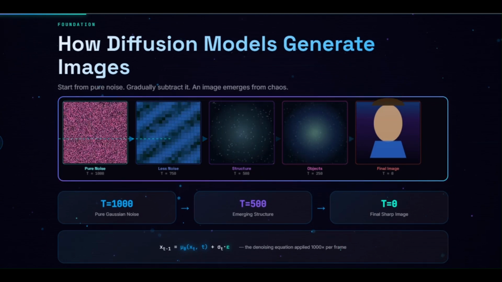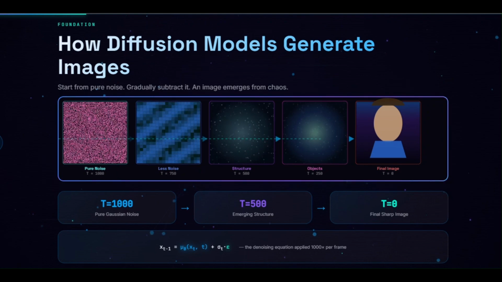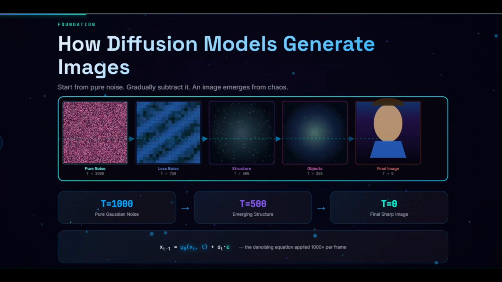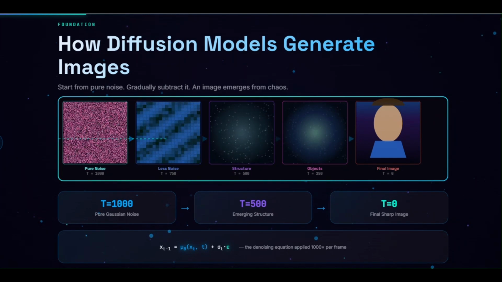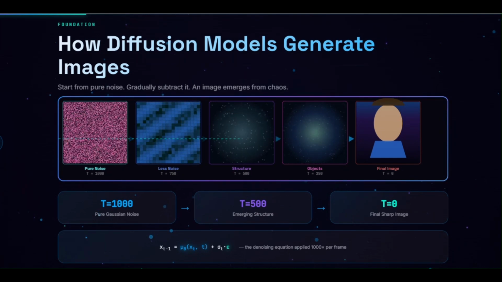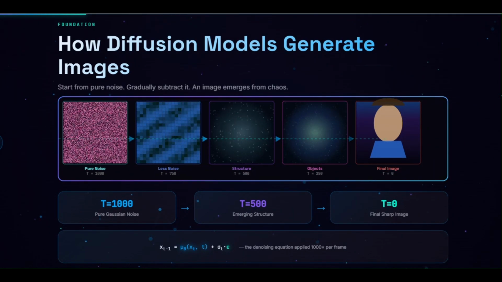To understand why video breaks, we first need to understand how modern image generation works. Most AI image generators use something called a diffusion model. The process begins with pure random noise. Nothing meaningful exists in the image yet. The model then repeatedly removes noise step by step.